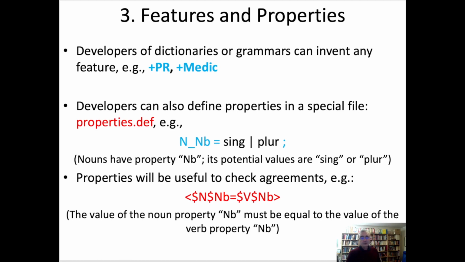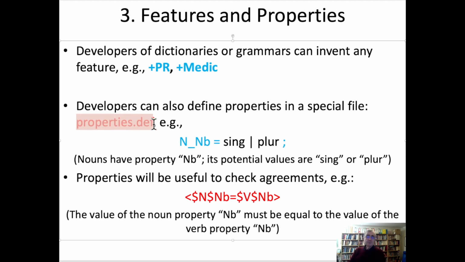The third enhancement to regular grammars is properties. So lexical entries are not only associated with a category, let's say part of speech, but also with properties. And of course, you can invent any property you want if you write your own dictionary. So you can define properties in a special file named properties.def, which is present in, for example, the EN directory.